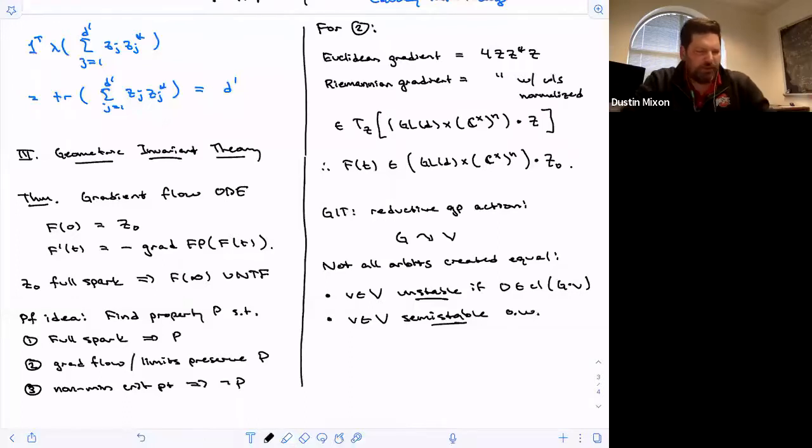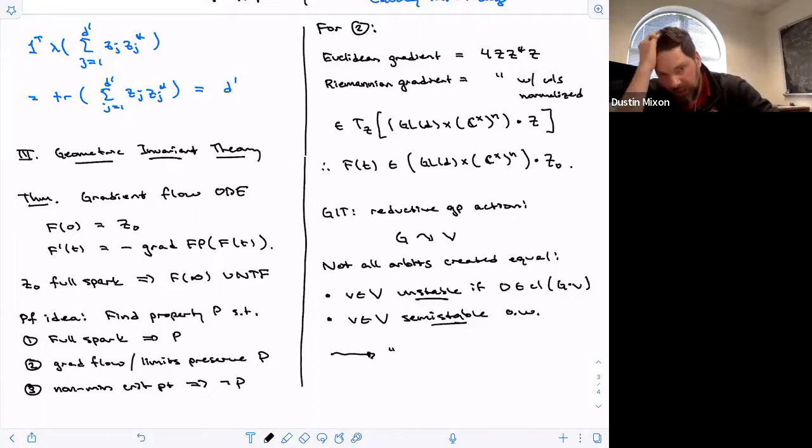The idea is you have this family of polynomials that you want to use to separate these orbits, and the polynomials aren't going to be able to separate V from 0 if 0 is in the closure of this orbit. So the unstable points are bad for this sort of detection. And so we have a notion of geometric quotient that just takes the semi-stable points and mods out only with those.